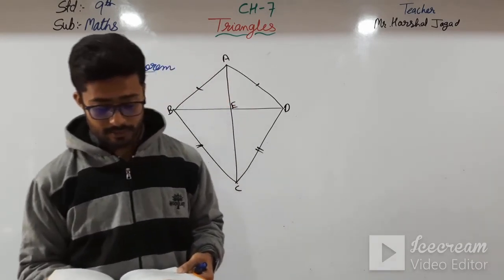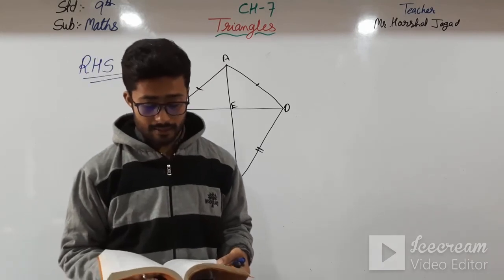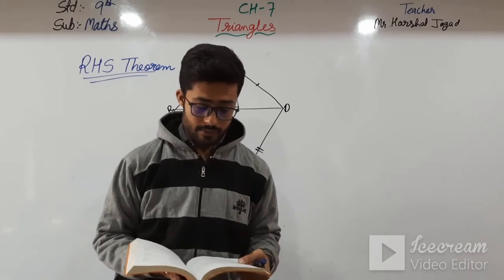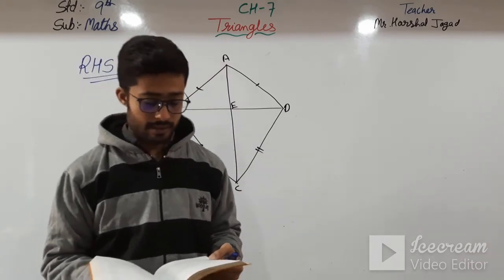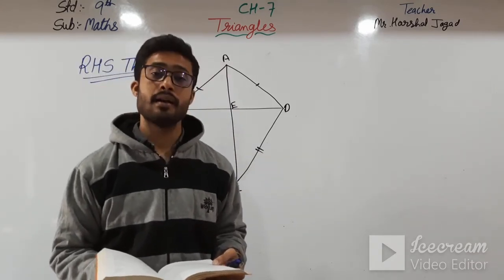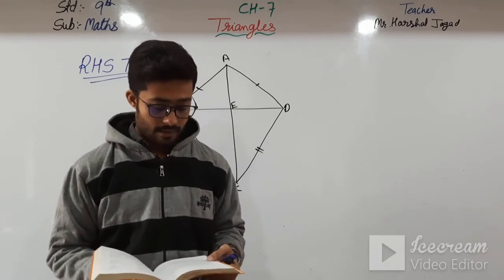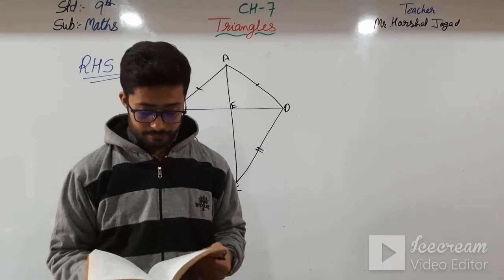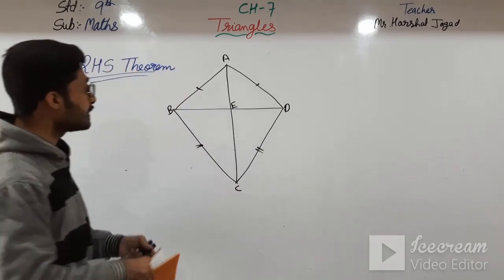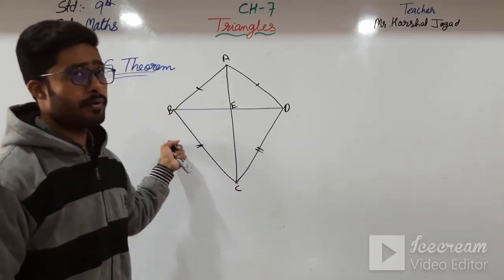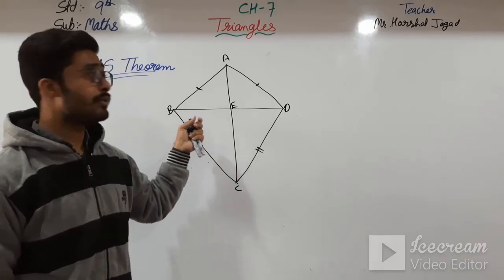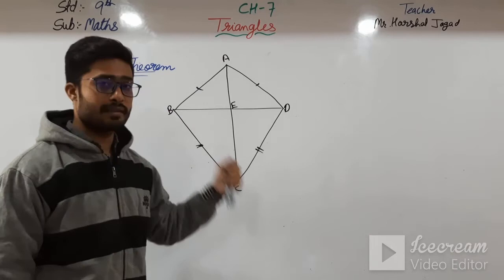RHS congruence rule: if in two right angle triangles the hypotenuse and one side of one triangle are equal to the hypotenuse and one side of the other triangle, then the two triangles are congruent. Note that RHS stands for right angle, hypotenuse, side. This is the figure which I have drawn from Example 7, which is easy to explain. So this is the RHS theorem.